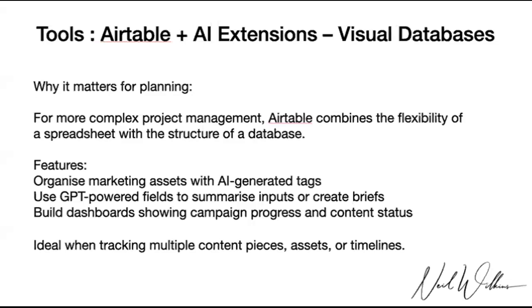It'll enable you to organize multiple marketing assets with AI generated tags. So using GPT-powered fields, for example, to summarize inputs or creative briefs. And then, really importantly, because these are visual databases, building dashboards to show campaign progress and content status.